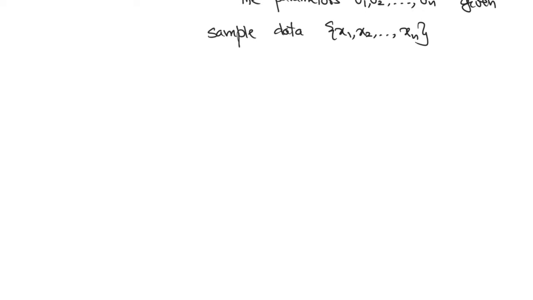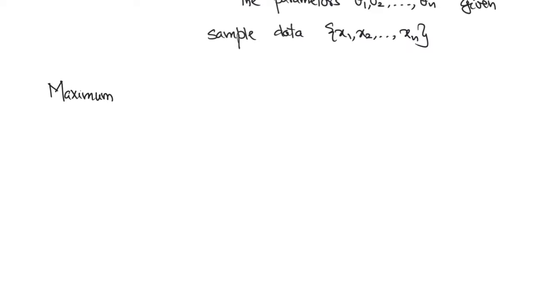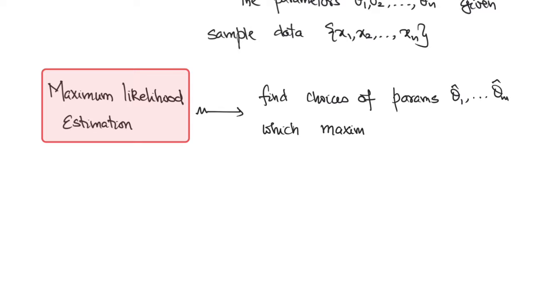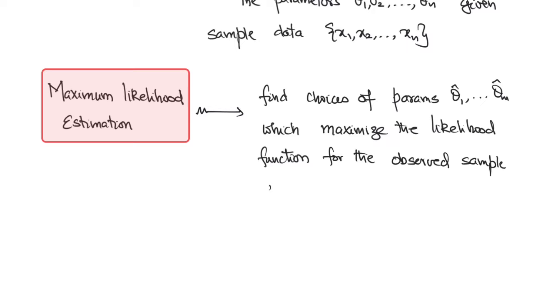The maximum likelihood estimation principle does the following. It finds choices of parameters theta 1 hat, theta 2 hat up to theta m hat, which maximize the likelihood function for the observed sample data, that is x1, x2 up through xn. So we're going to maximize over the parameter space for fixed sample data.